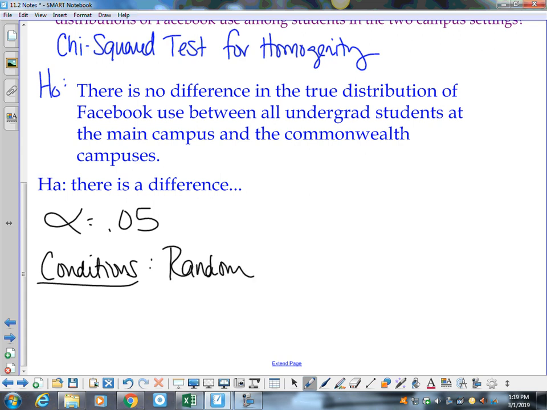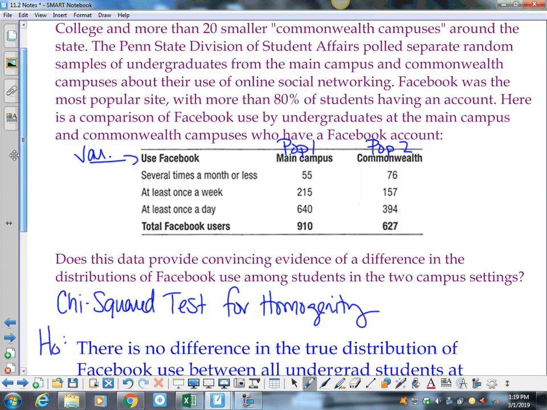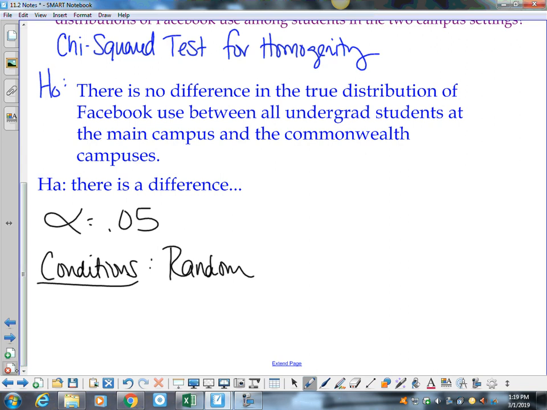Okay, now the last one was random treatments. Pulled a separate random sample. Check.